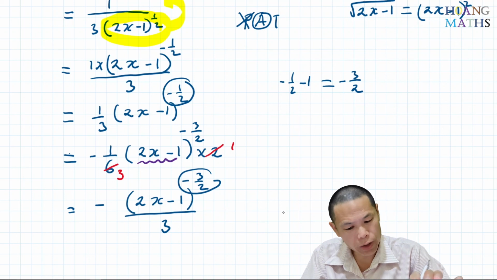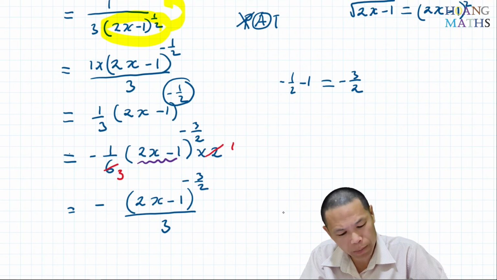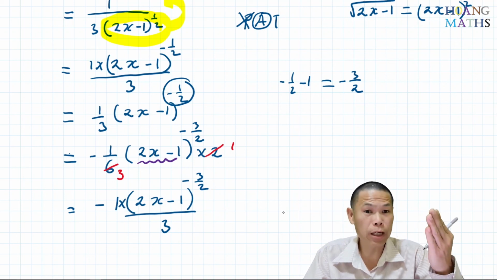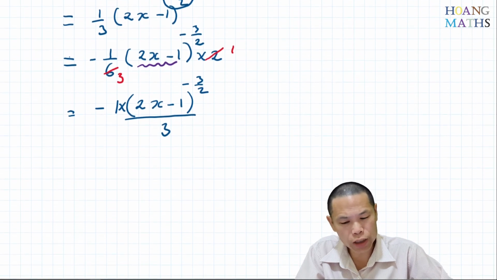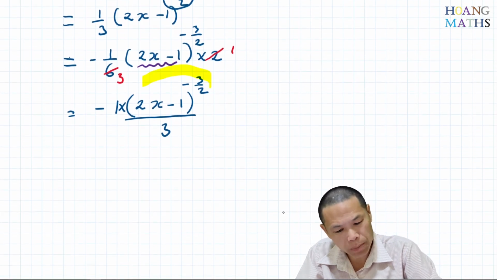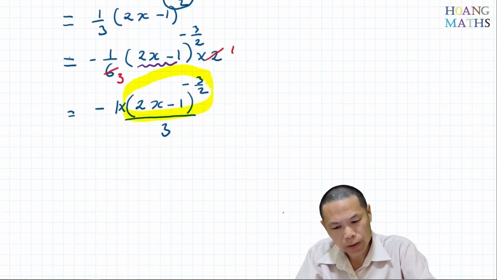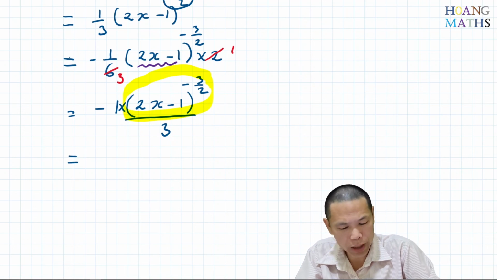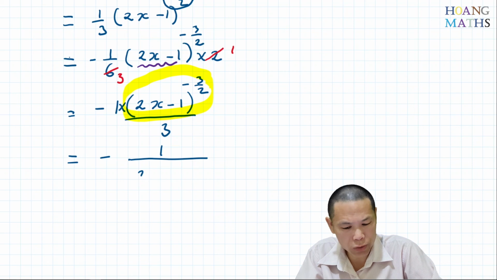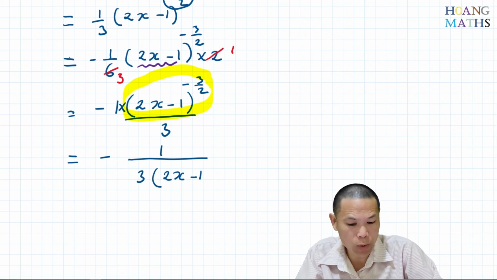Nothing in front of this bracket means 1 times. So that becomes negative 1 on top, over 3 and brackets 2x minus 1 to the power of 3 over 2.